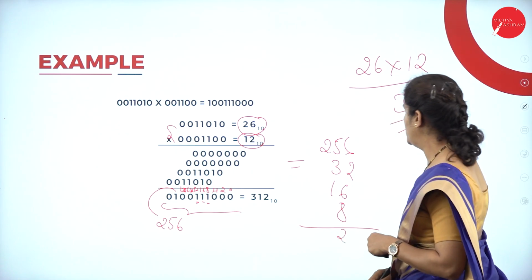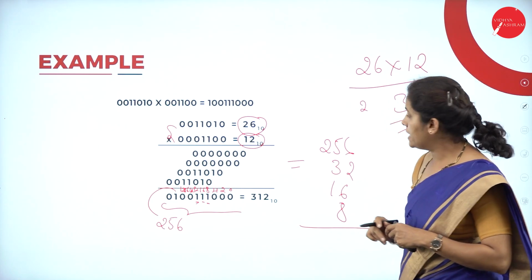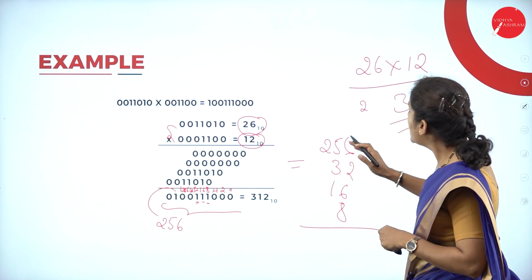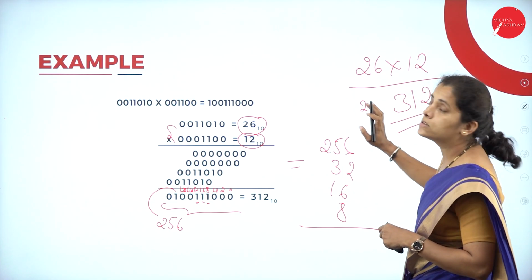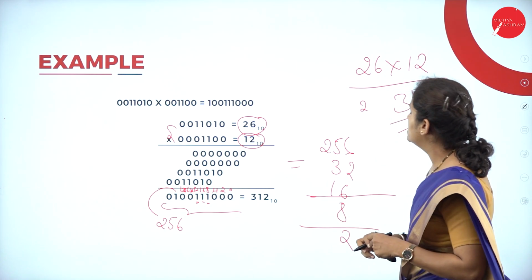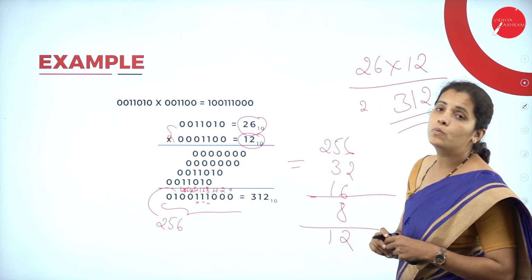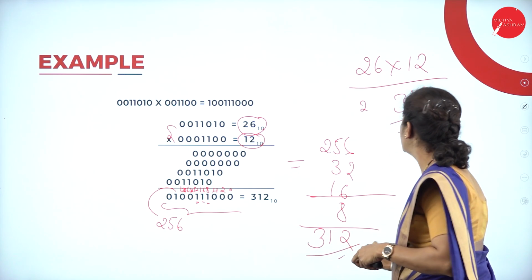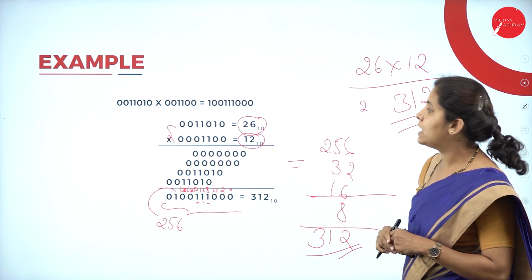It is 22. So 2 is carry, 5 plus 3, it is 8, 8 plus 1, 9, 9 plus 2, it is 11. I'll write 1. So I have 2, 1 carry, it is 3, 12. So this is the way you can cross check your answer.